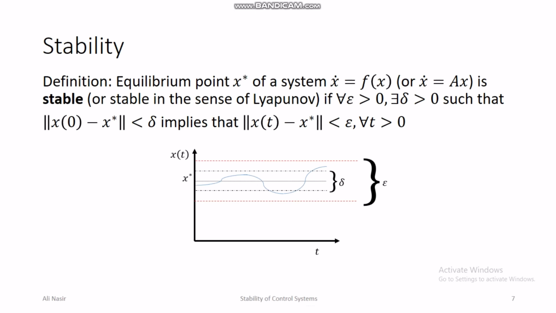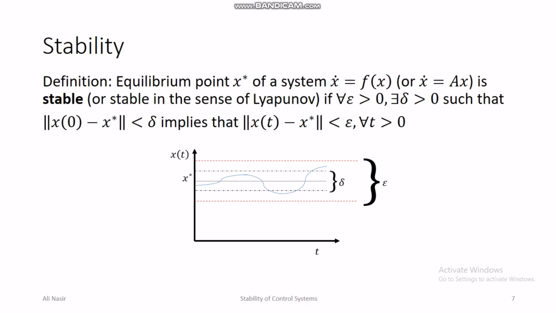I have drawn a thin black horizontal line at the value x equal x star. This is the reference for x equal x star, and then in the neighborhood of x star there is a delta band, represented by dashed and dotted black lines. So this is a neighborhood of x star.